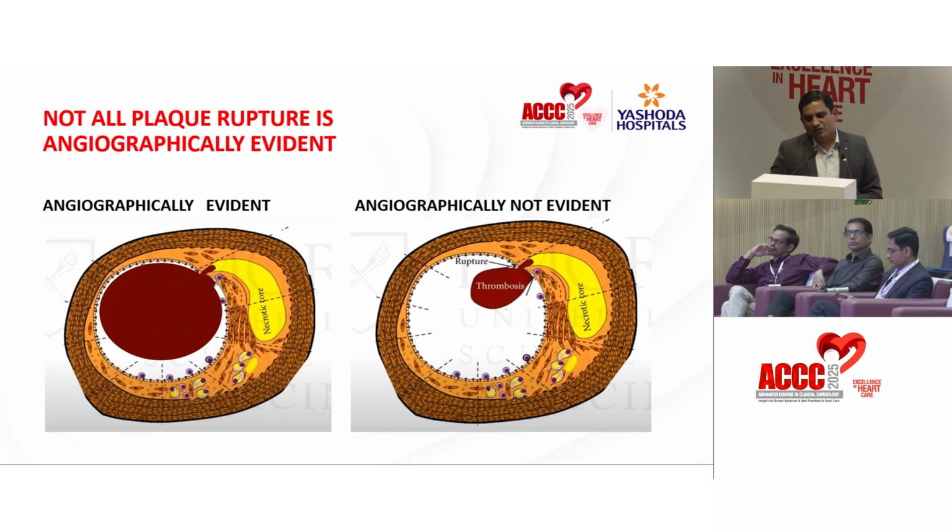To know that, we should have a fundamental idea about the pathogenesis of infarction. As everybody knows, there is a necrotic plaque. In the plaque, there is a necrotic area and inflammatory cells. If the inner pressure of the necrotic core is increased, then obviously there is a rupture of the intima at this point, which exposes von Willebrand factor to the flowing blood, attracting platelets and causing clot formation.